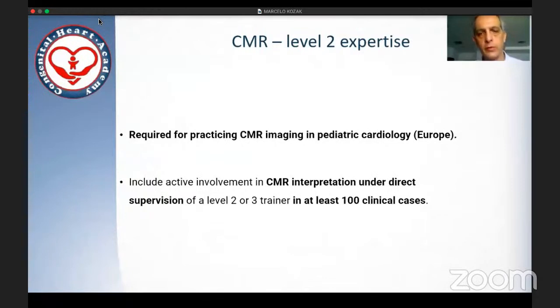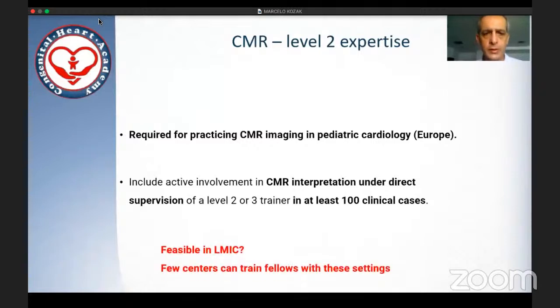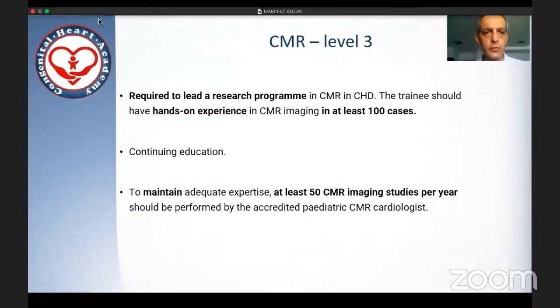These include active involvement in CMR interpretation under direct supervision of a level 2 or 3 trainer in at least 100 clinical cases. Is this feasible in LMIC? Not sure. Few centers can train fellows with these settings.